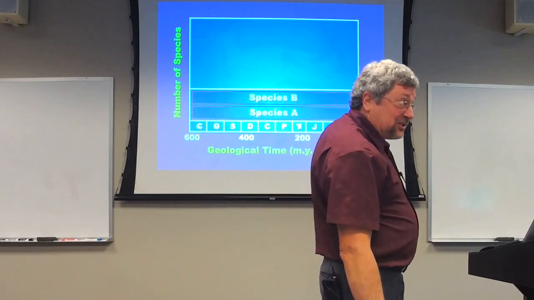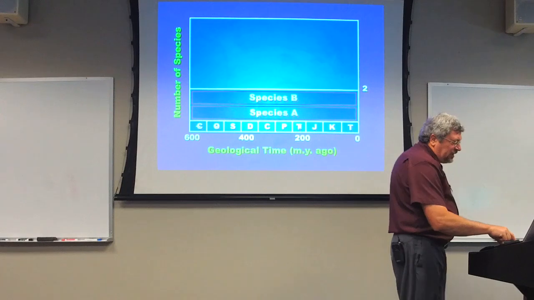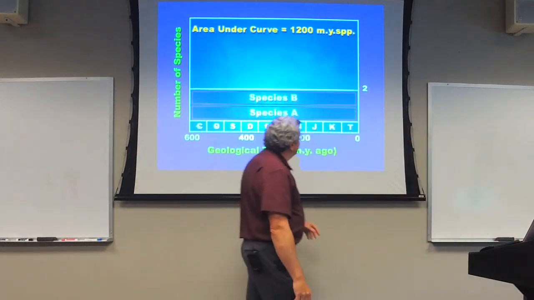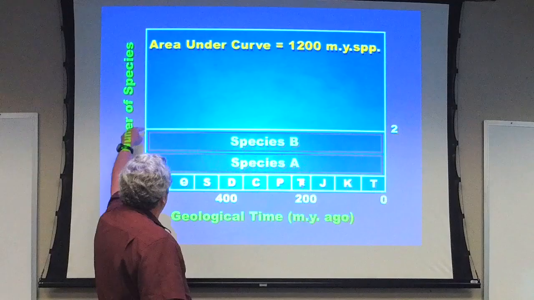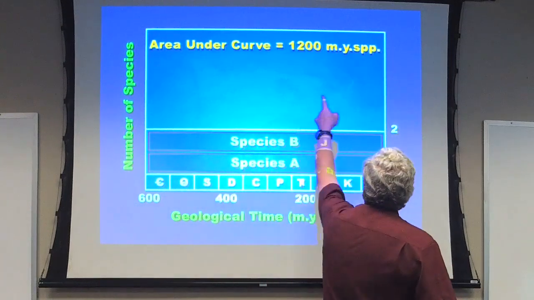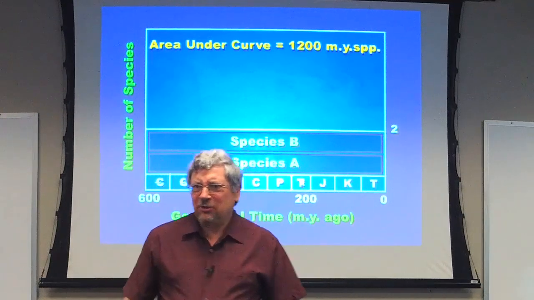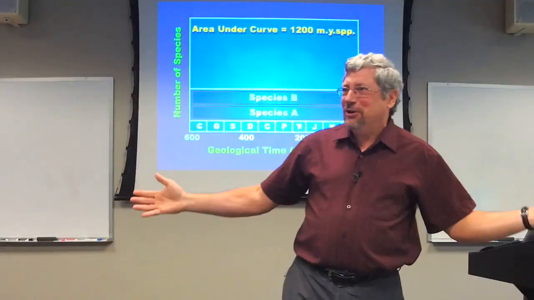We know the number of species, that's 2. And how would you do this? What you would do is take the area under the curve, which is 2 times 600 million, to get 1,200 million species-years. Okay, that's an interesting unit.